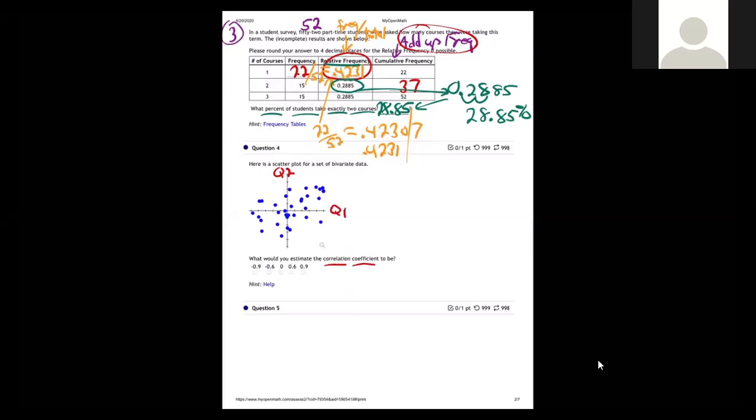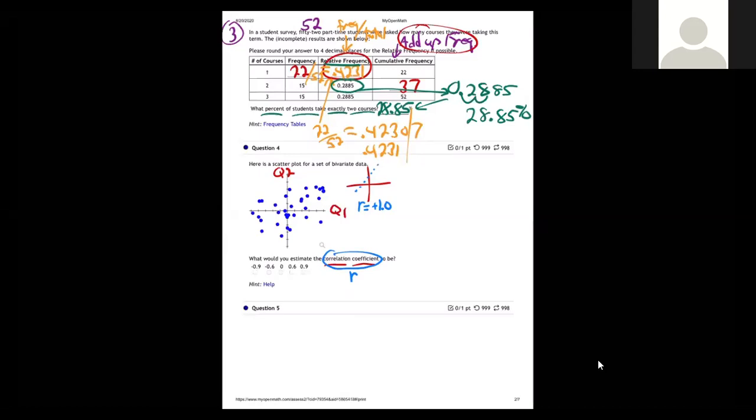Let me explain that to you. When you do a bunch of dots like we just did for quiz 1 and quiz 2, if the dots line up in a perfectly straight line like that, we say your R, that's your correlation coefficient, is positive 1.0.